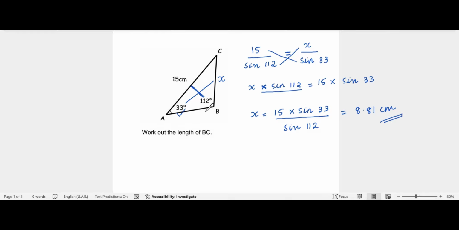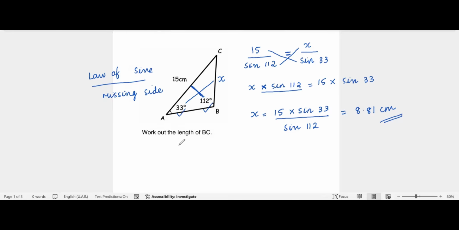So whenever there are two angles given, the law of sine should be used to find out the missing side.